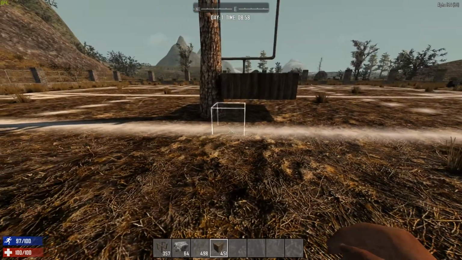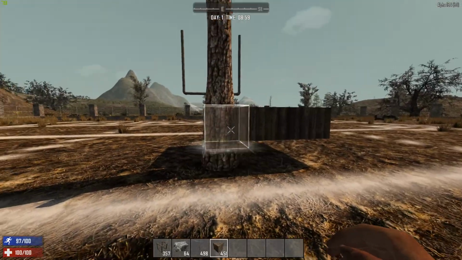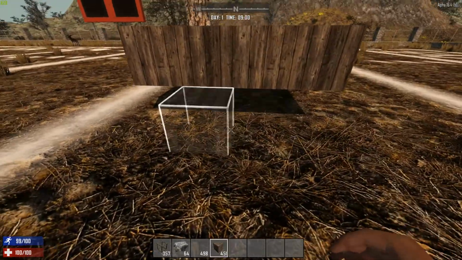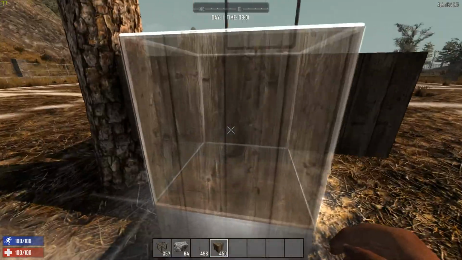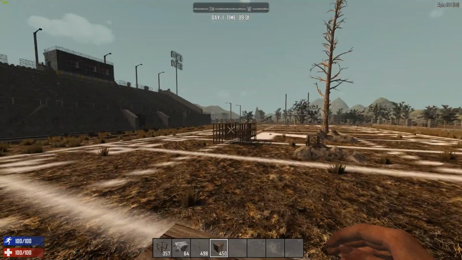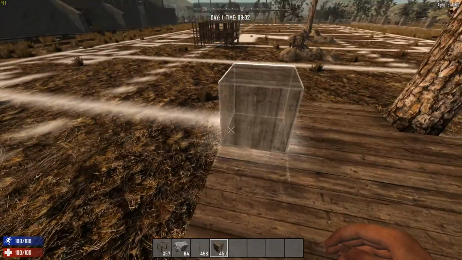Okay. So with just one side, this is all the tree can handle. Okay, this is as much as it will go. Let's put an entrance here, right beside the tree. And here's the thing with having pillars on the corner. Now, this is as much as the tree will handle.